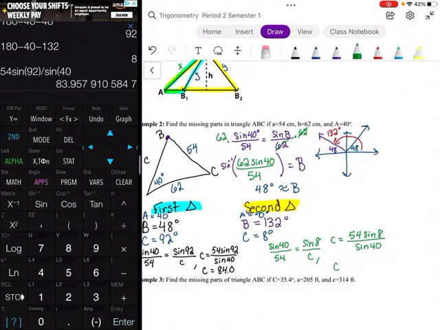And again, we would type that into our calculator. And this one we would get about 11.7 for the length.